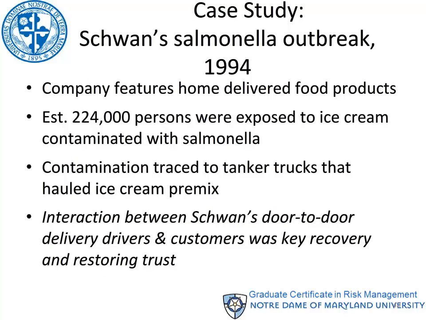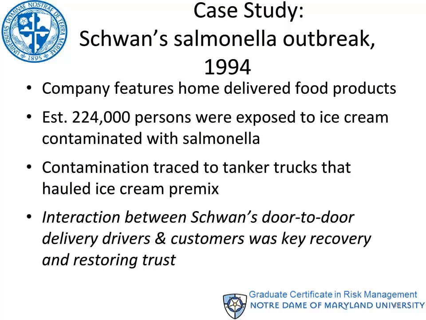This brief case study will illustrate the importance of the informal risk communicators. Schwan's is a privately owned company based in Minnesota that features home-delivered food products, including ice cream. In 1994, an estimated 224,000 persons were exposed to salmonella-contaminated ice cream.